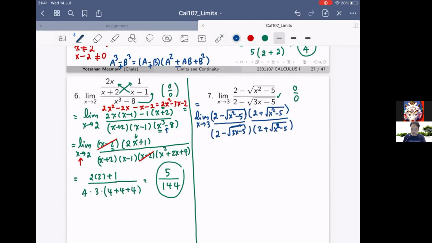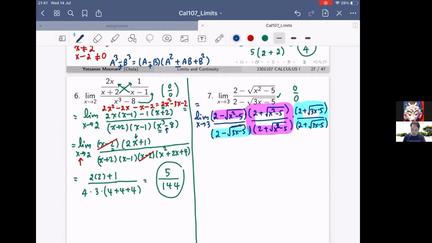So this one is for your top. How about for your bottom? You have 2 plus, and also 2 plus. This one is for your bottom.